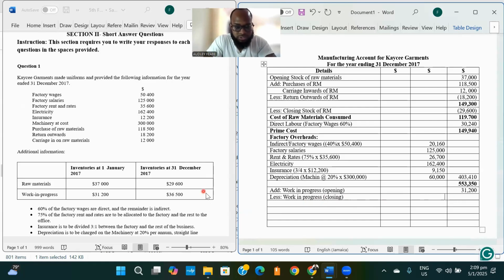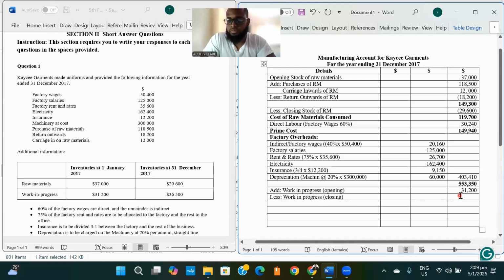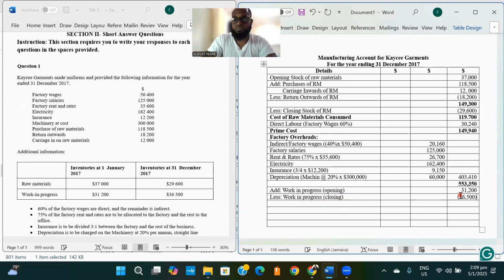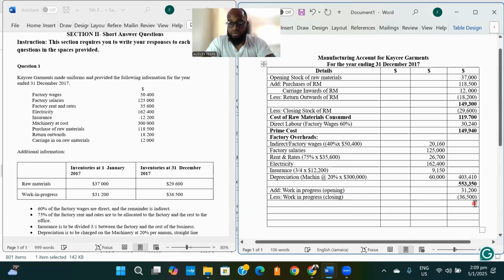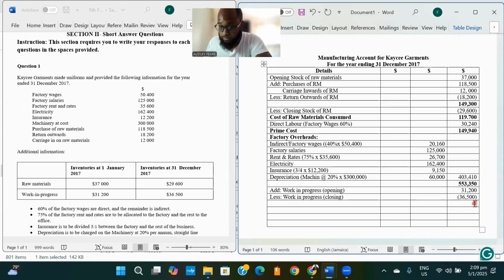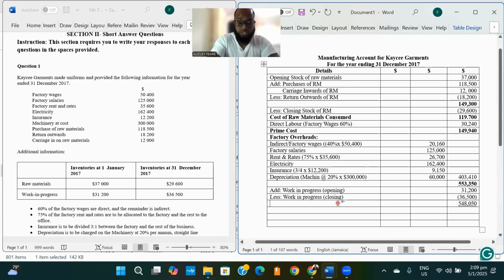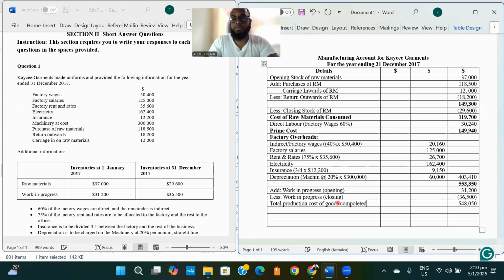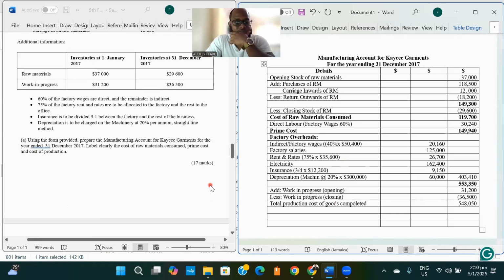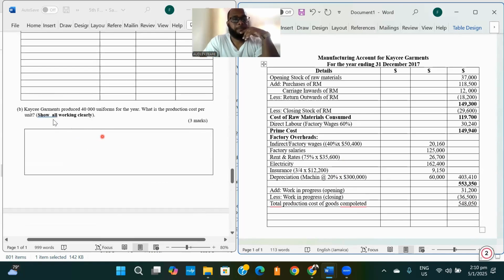And the closing was 36,500. And we subtract that from that. We add opening, subtract the closing. We get 548,050. And this now will be our total production cost, goods completed.